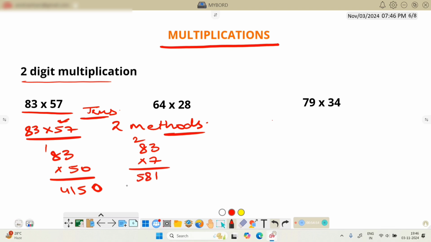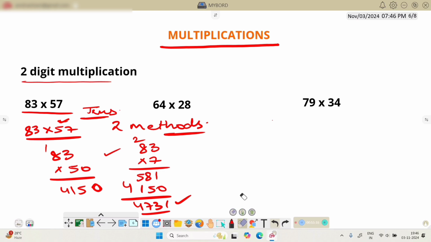Okay, so you just simply add 4150 and 581, you will get the answer 4731. Okay, so this is also one method, but your calculation speed should be very quick.